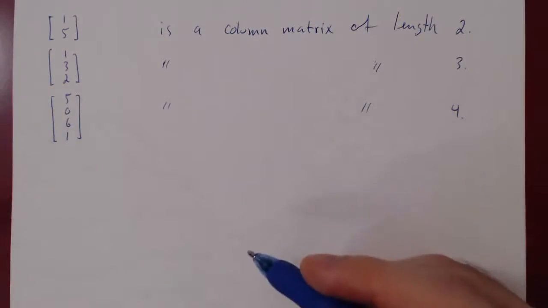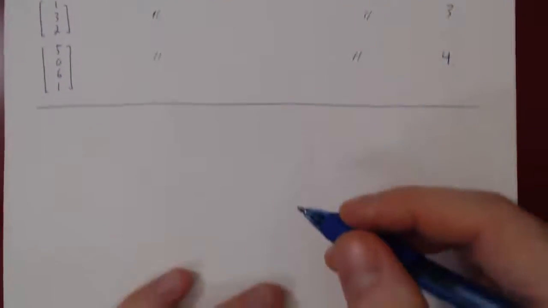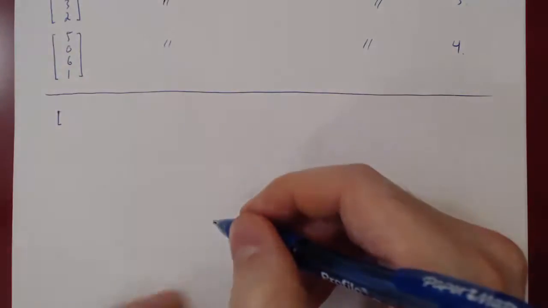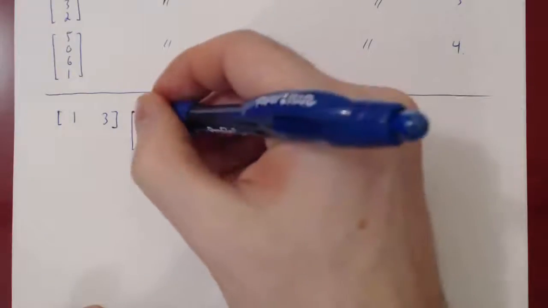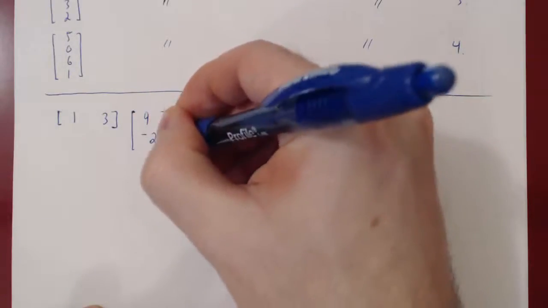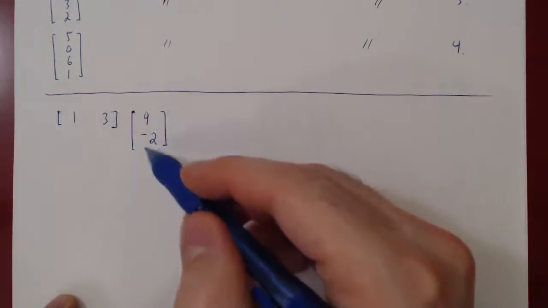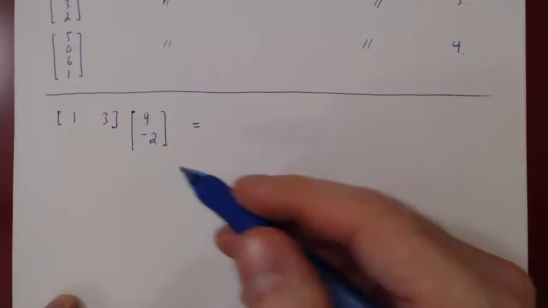So here's our first definition. Let's take a simple example, and then we will generalize. So if I give you, say, a row matrix of length 2, say 1, 3, and a column matrix of length 2, say 9, minus 2, the question is, how can we multiply a row times a column matrix? And the way it's done is we multiply corresponding entries.